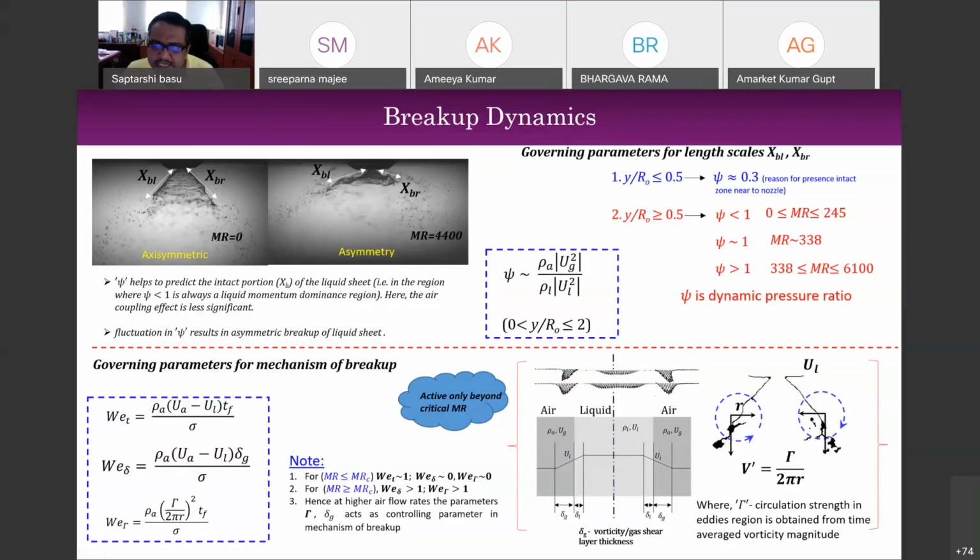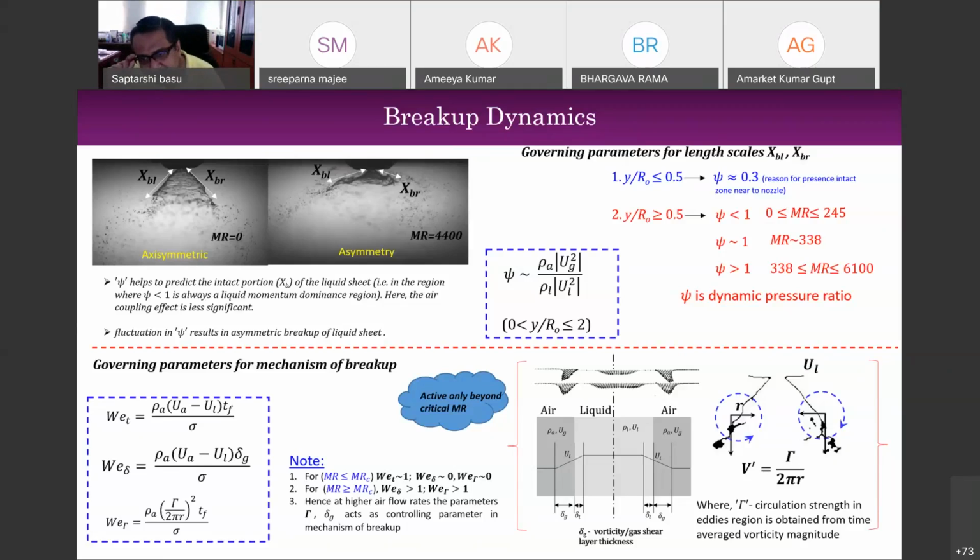Now, the normal length scale parameter will be the droplet size or the sheet thickness, etc. And the velocity will normally be the linear velocity deficit between the gas phase and the liquid phase. This is how all the breakup dynamics have been constructed.